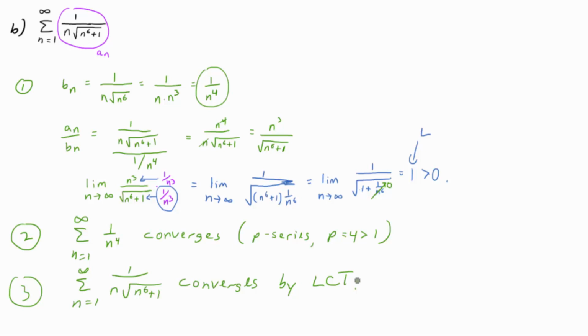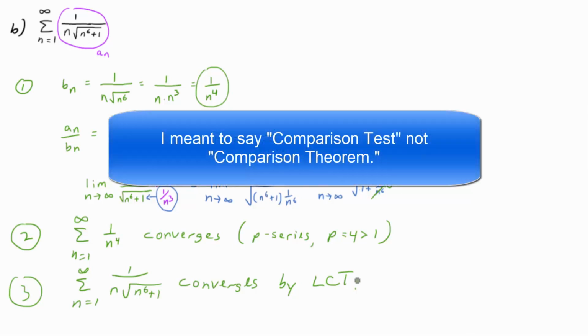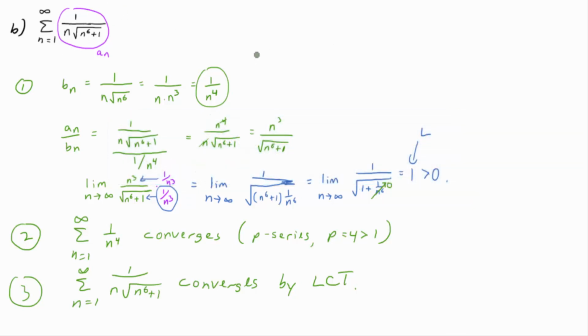Now, my question is, could we have used the comparison theorem on this? Let's make sure. If you were going to use the comparison theorem, you would take the an, let's compare with the comparison theorem.